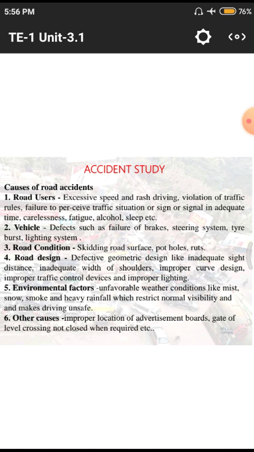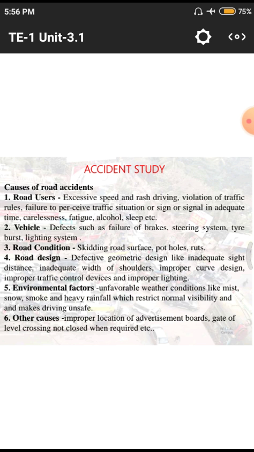The vehicle is a major factor in accidents. If two persons are simply moving on a particular road and there is a clash between them, there may be no chance of an accident. Why? Because they are moving at normal speed. If there is a clash, some small damage may occur between the persons.